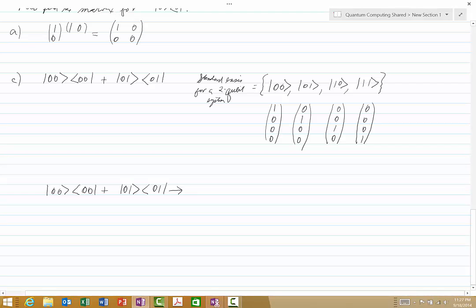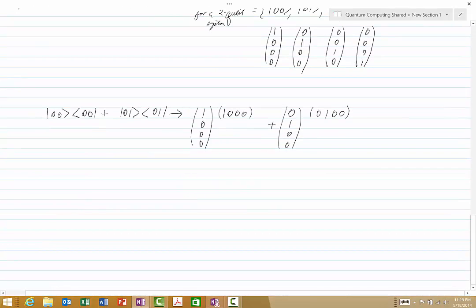Oh no, sorry, I thought I had an error, but this is correct. So we have 1, 0, 0, 0, and then when we take the bra form of that column vector it will become a row vector. So we'll have this plus 0, 1 is the second one. So we have 0, 1, 0, 0, and then 0, 1, 0, 0.